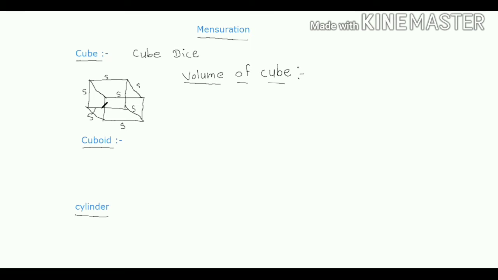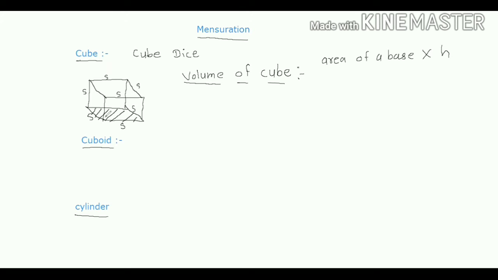There is one formula that works for a cuboid, a cylinder, or any figure: area of a base into height.